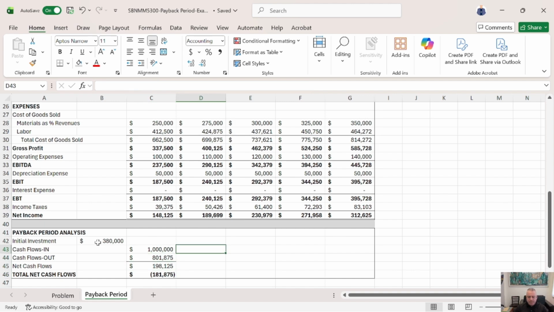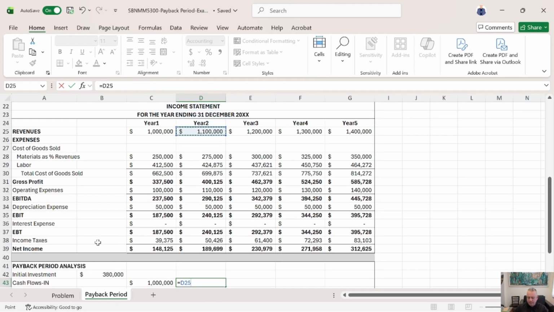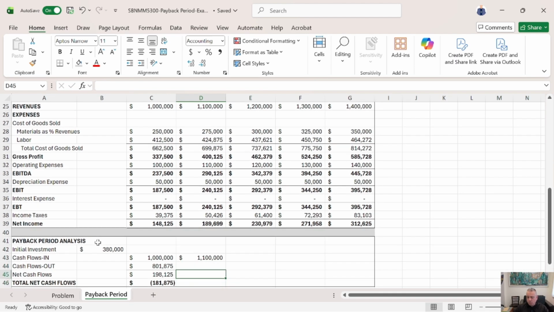Well, into the next year then, my cash flows in, again, are going to be that million, but it's $1,000,001 now due to the growth in the units.